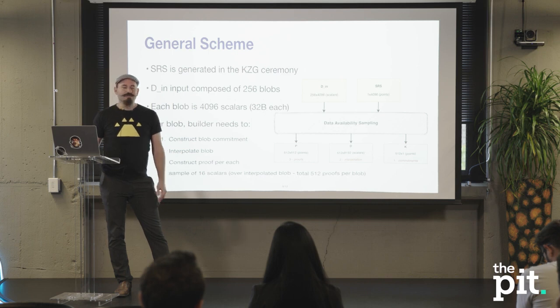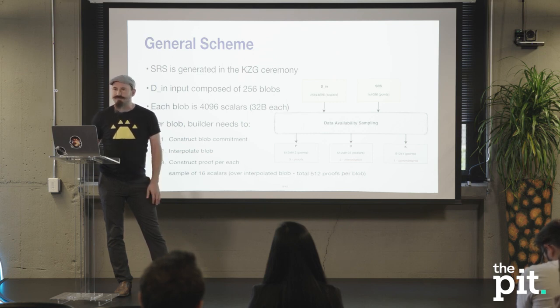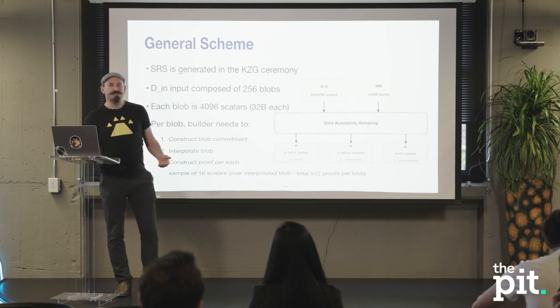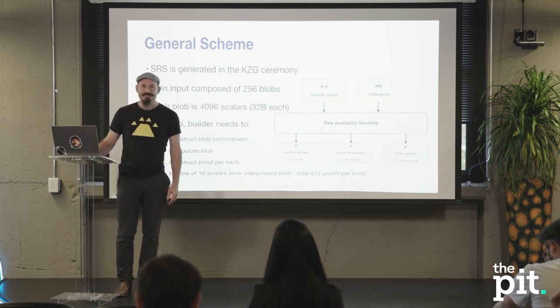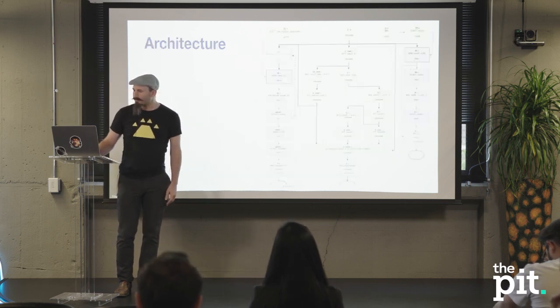And also, the third branch, we construct a proof for each sample of 16 scalars within each blob. So in total, we have a matrix of 512 by 512 proofs. The commitments and proofs are elliptic curve points, and the interpolated data is made of scalars.